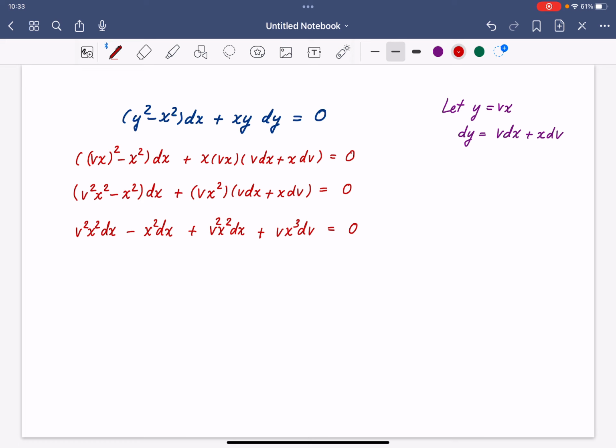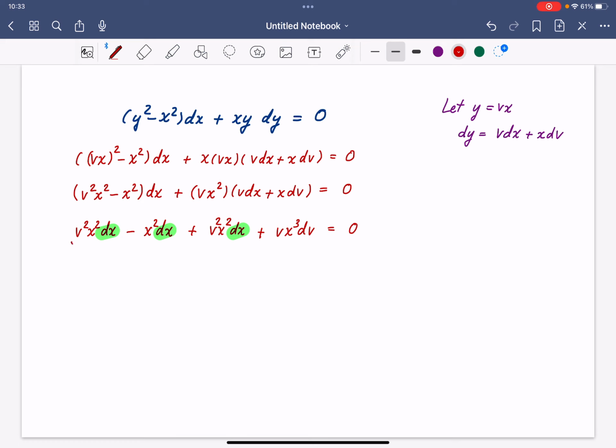Well, this is claimed to be a separable equation already, so you're trying to move x to one side and v to the other side. So we group the dx terms on the left hand side, and move dv to the right hand side.